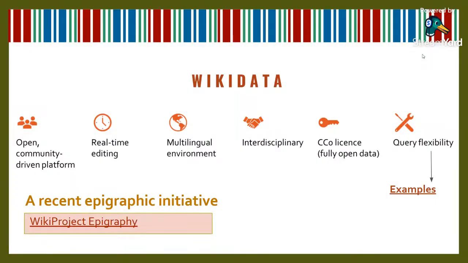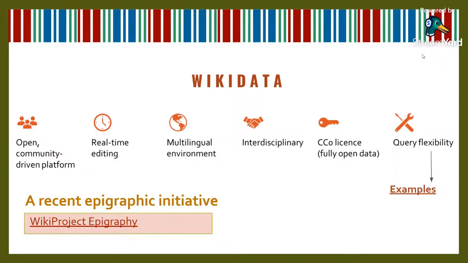It makes information immediately accessible, usable, multilingual, and interdisciplinary, and very flexible in the way it can be queried. And that is Wikidata, a project, as you know, of the Wikimedia ecosystem, just like Wikipedia, of which it actually serves as the underlying database.